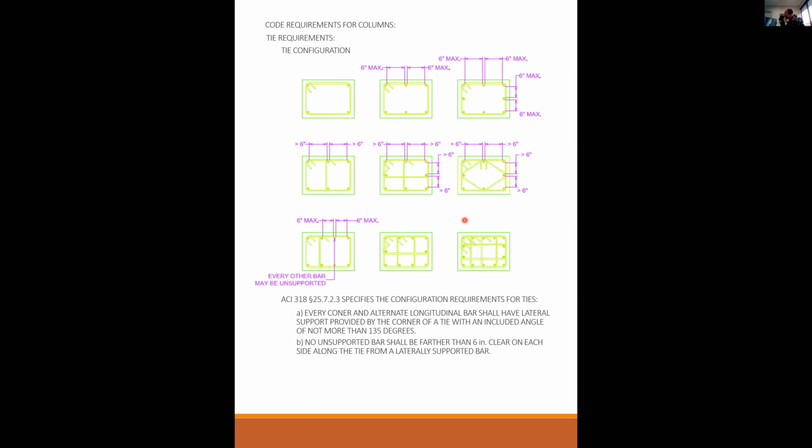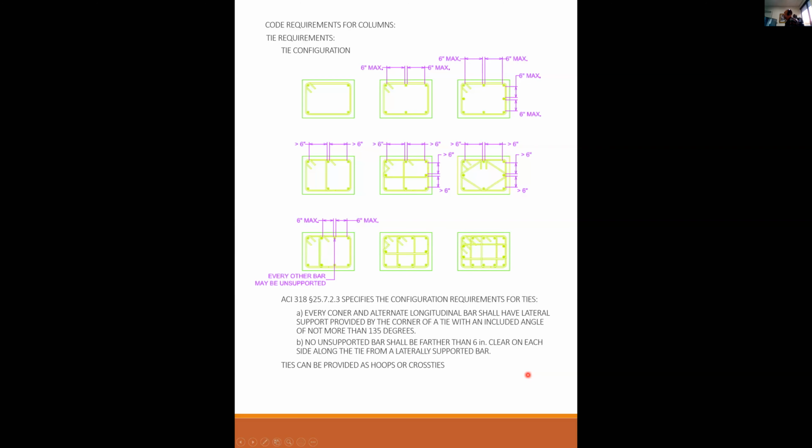Okay, so it's mainly for shear purposes. No, mainly for flexural purposes. Flexural purposes. Okay, that makes sense.